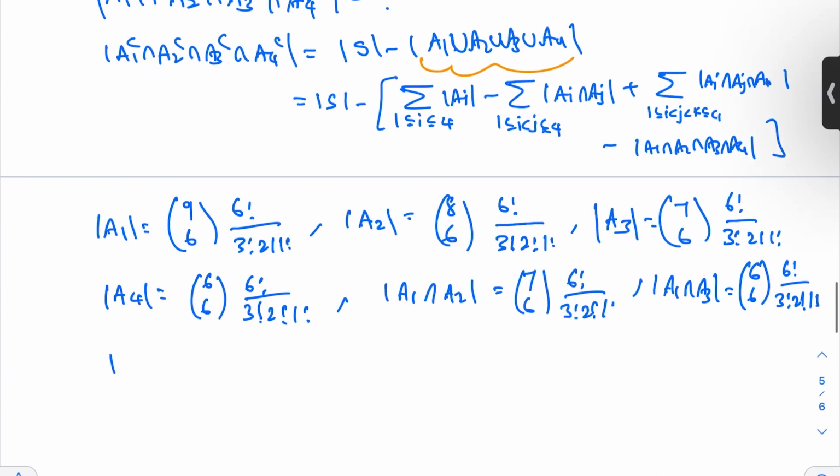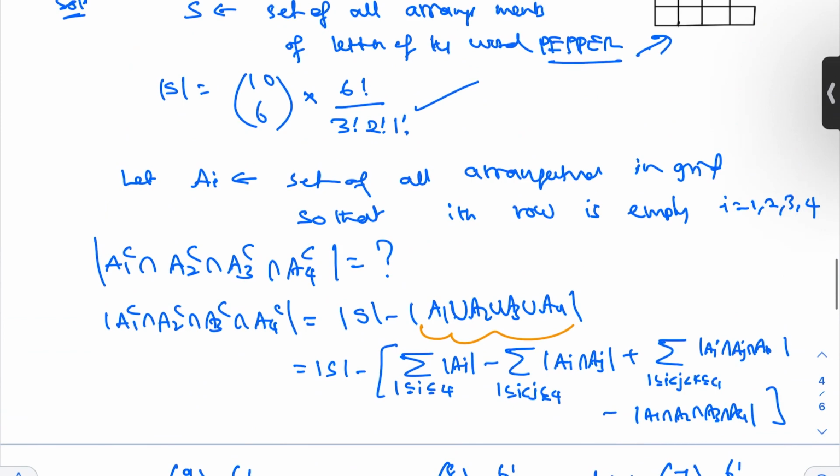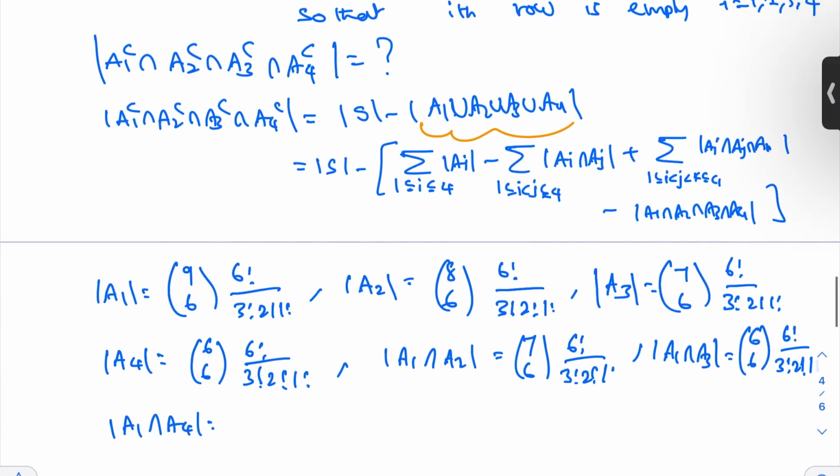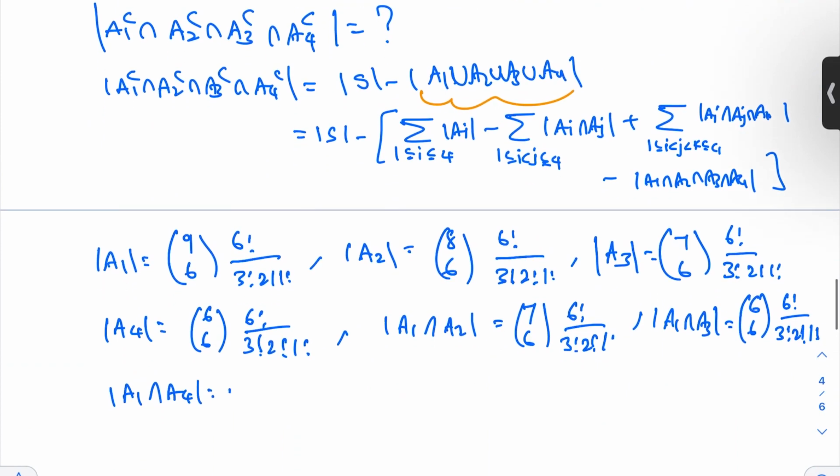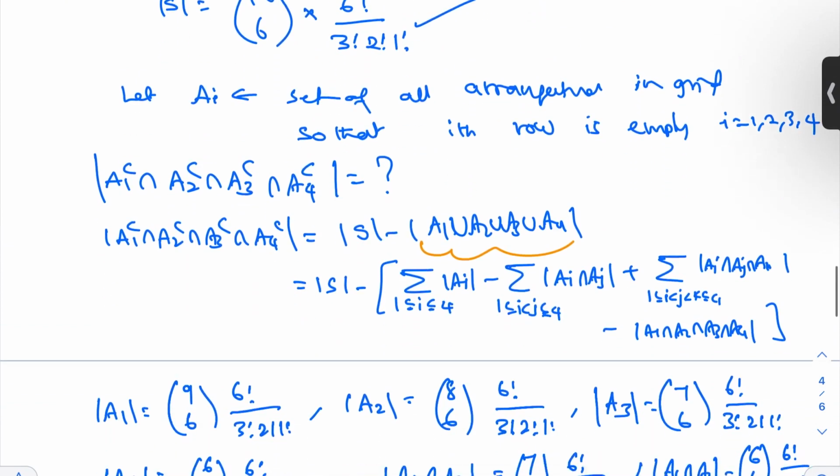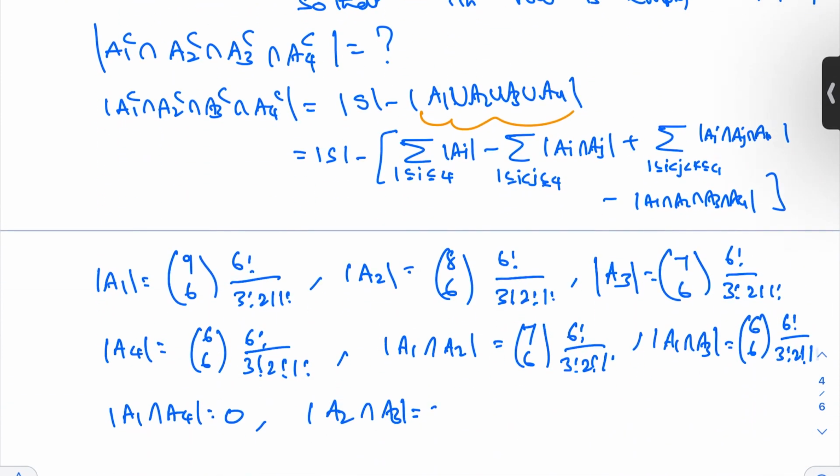And if you want row 1 and row 4 to be empty, then we have only 5 cells left, so we cannot use 6 letters in 5 cells, so it's going to be 0. If you want row 2 and row 3 to be empty, again we cannot do that, 0.